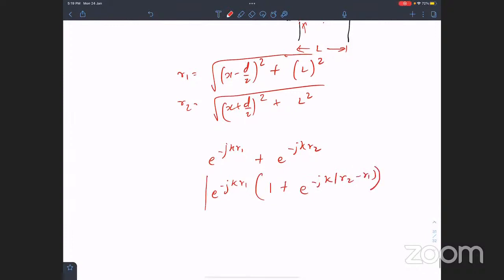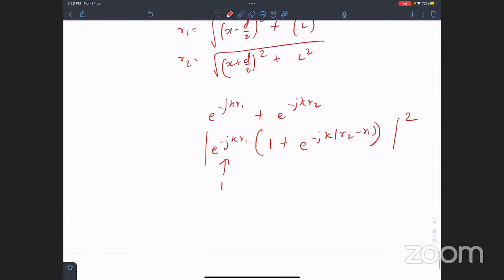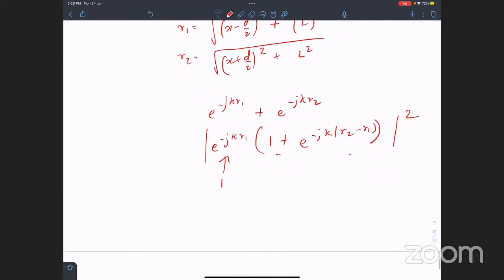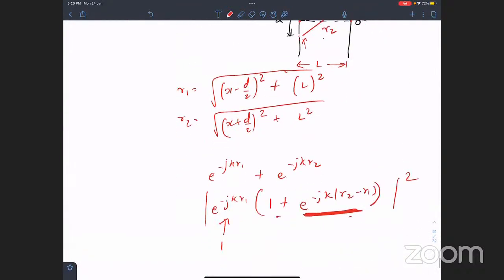And then we have to take the mod squared of this, right? This first term is going to give 1 anyway. The second term, at most this can go plus or minus 1, right? It's e to the power minus j something. Wherever it's going plus, I get 2. Wherever it's going minus 1, I'm going to get cancellation. That's it. So that is how you do it.